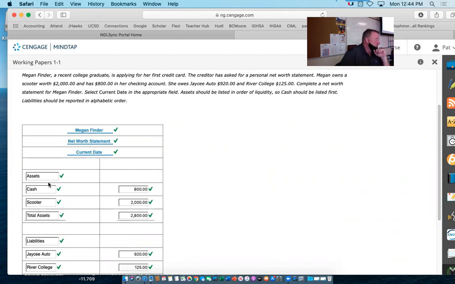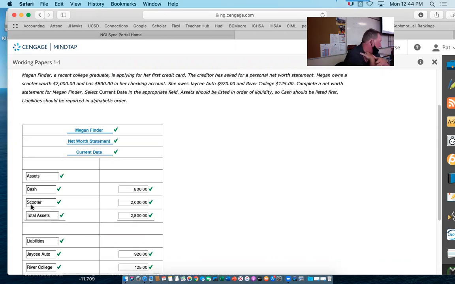All right, in our net worth section, we have an assets section, and then we list the two, cash and scooter. Why do we list them that way? It's just because that's the way they want. It used to be that you list them by how liquid they are, which means how fast you can turn the asset into cash.